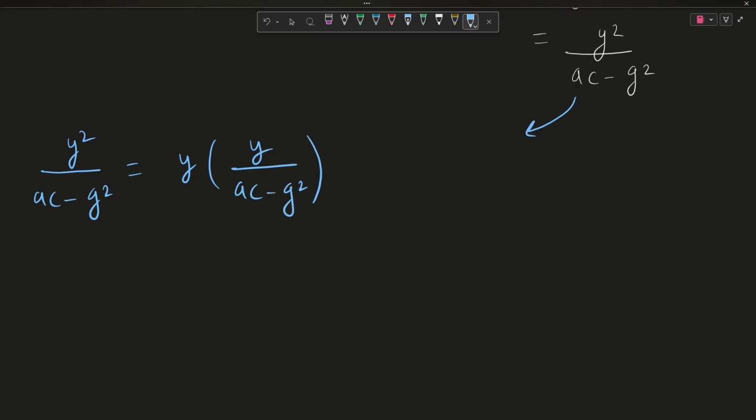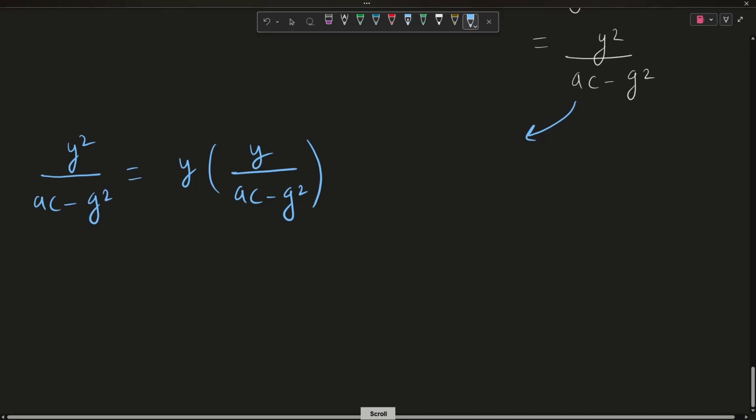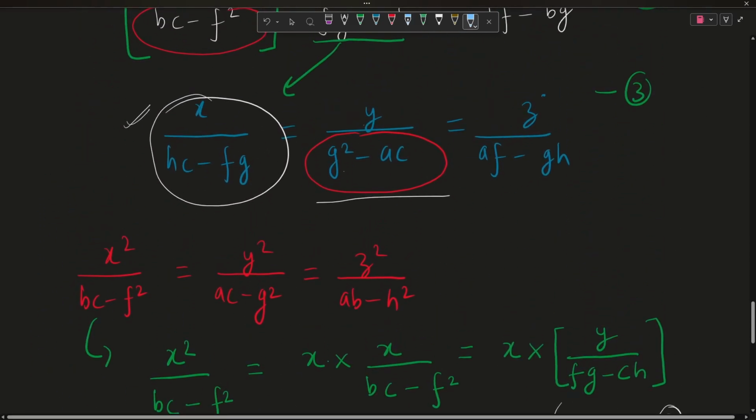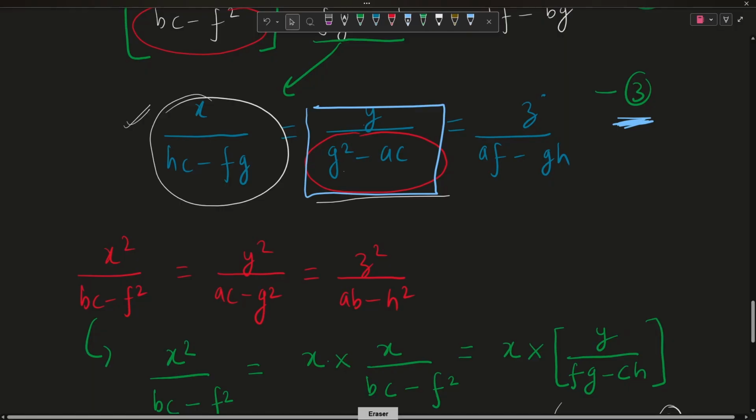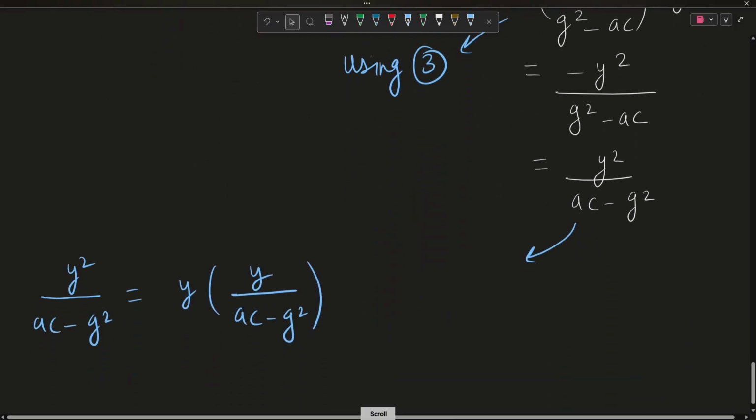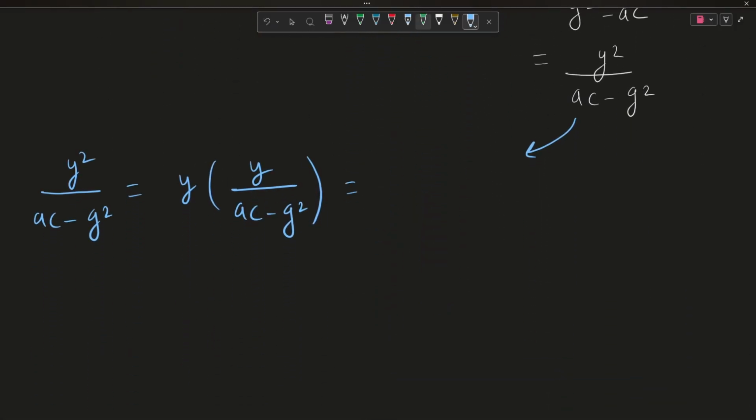Now, what value is y upon ac minus g square equal to? So we know from the third equation that y upon g square minus ac is z upon af minus gh. So we can write it as y into minus of z upon af minus gh.